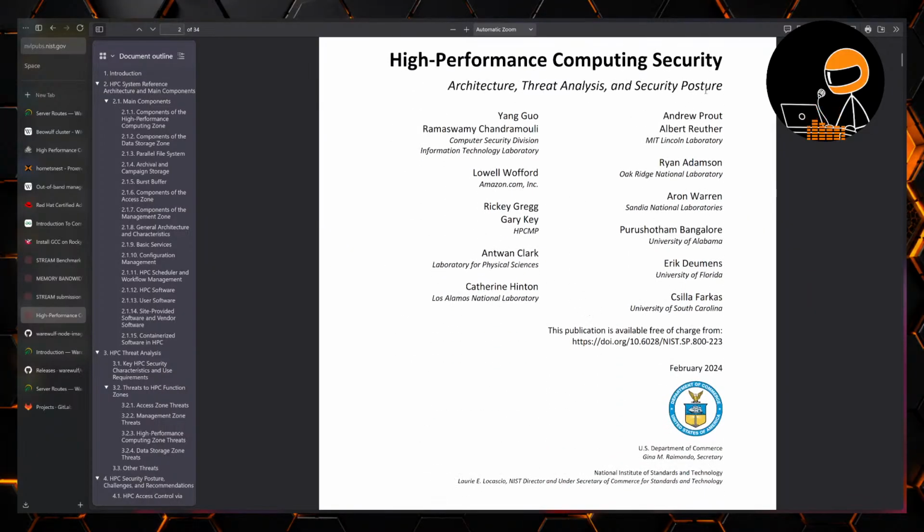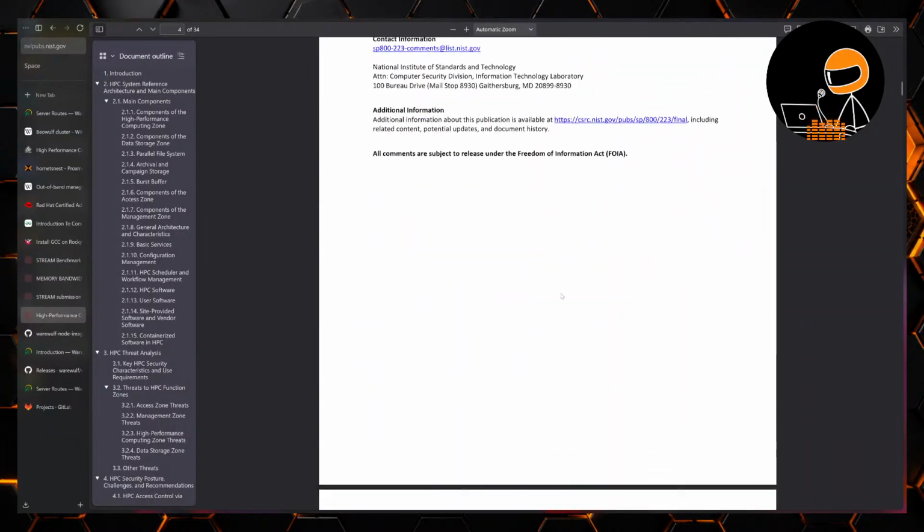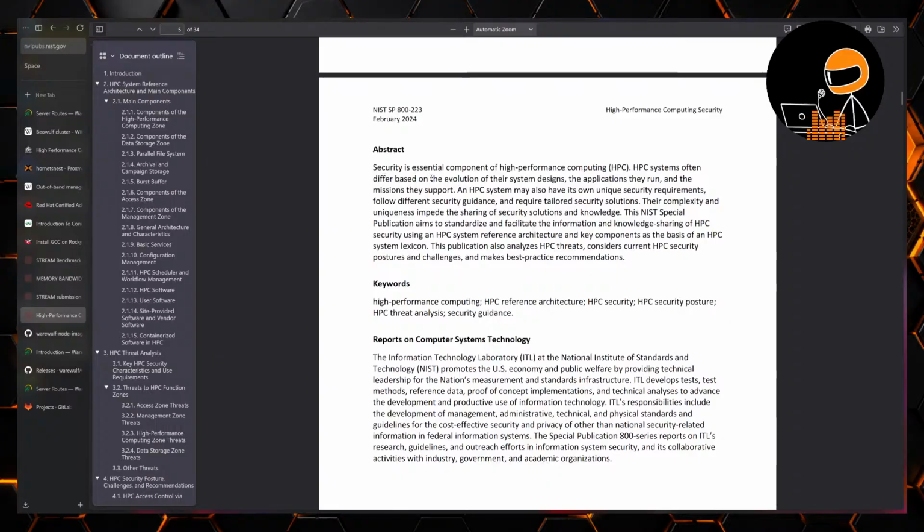Okay, so high performance computing security. Abstract: security is an essential component of high performance computing. HPC security systems often differ based on the evolution of their system designs, the applications they run, and the missions they support. An HPC system may also have its own unique security requirements, follow different security guidance, and require tailored security solutions. Their complexity and uniqueness impede the sharing of security solutions and knowledge.